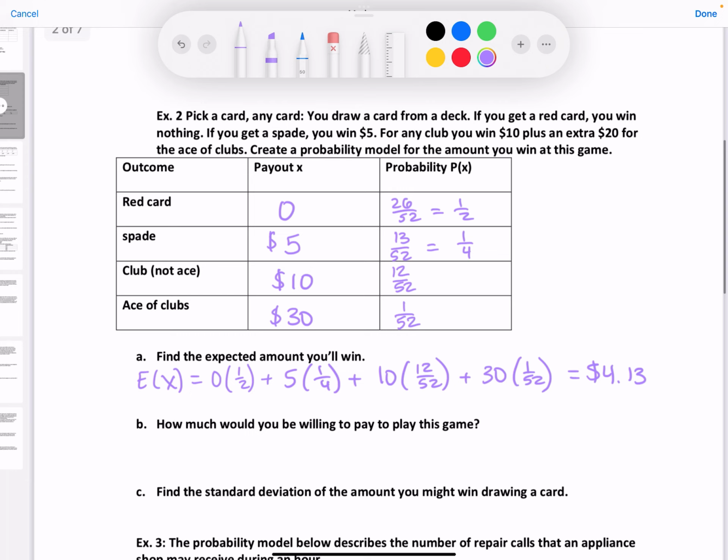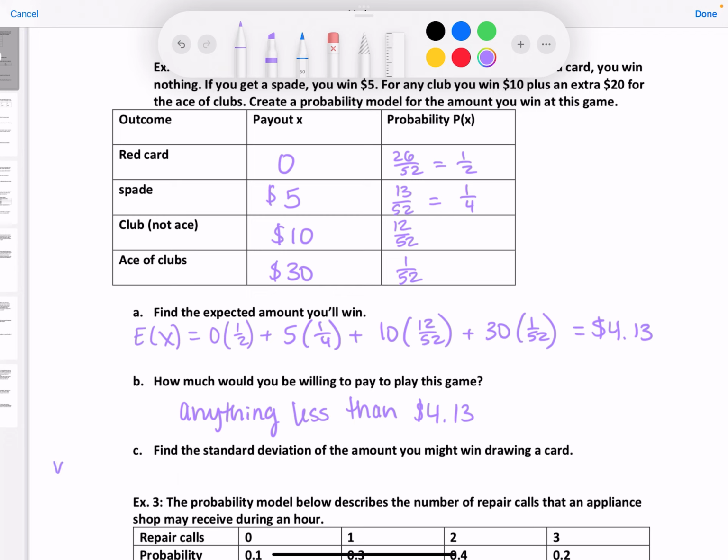So find the standard deviation of the amount you might win drawing a card. So it's going to be the payout minus the expected value squared times the probability. I don't know why I made this space so small, but variance, we have to do that first and then take the square root of it.